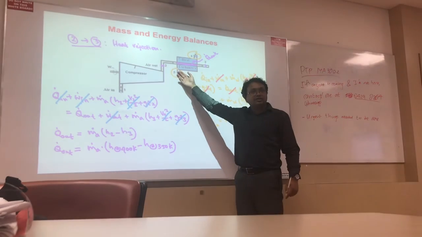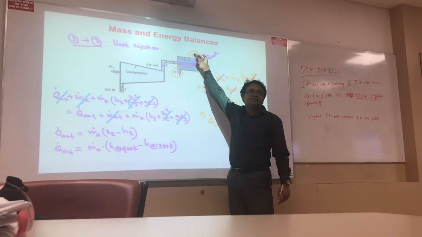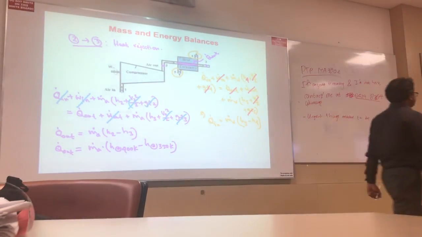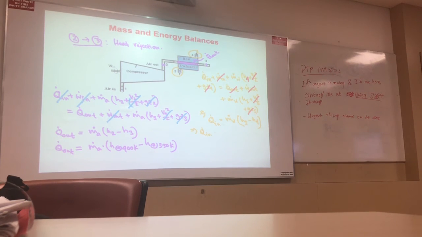HF at 40 degrees Celsius, right? And this is HF at 25 degrees Celsius, according to the question. So I can write Q dot in. What is m dot W? I have to find it, I do not know. This is HF at 40 degrees Celsius, HF at 25 degrees Celsius.